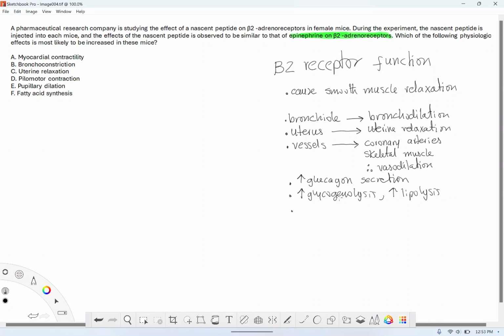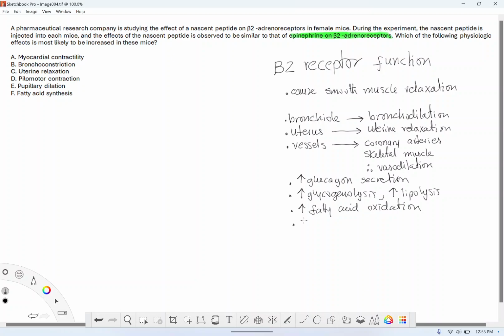So further, glycogenolysis, lipolysis. You can also say that it increases fatty acid oxidation. So glucagon is actually a good hormone in terms of weight loss.